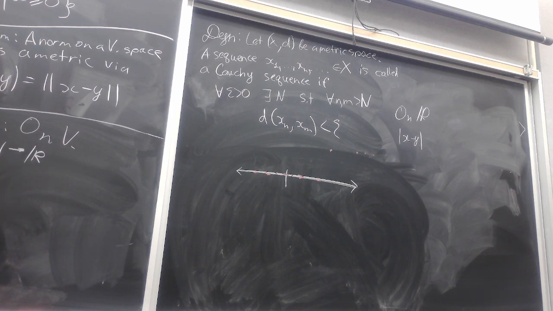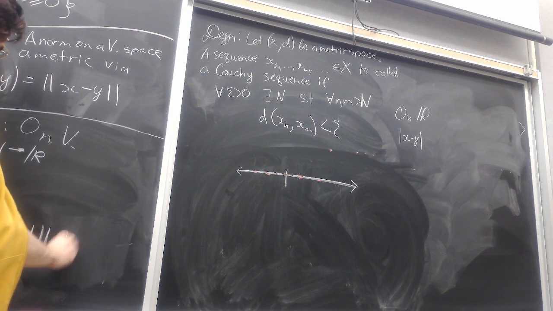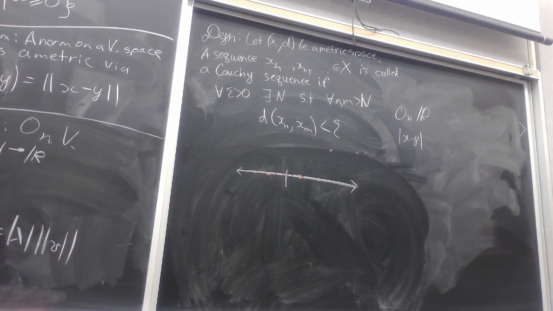It also plays nicely with vector addition and scalar multiplication: you have positivity, you have definiteness, and then the third thing is the property I mentioned earlier, that you can pull out the absolute value of a scalar.